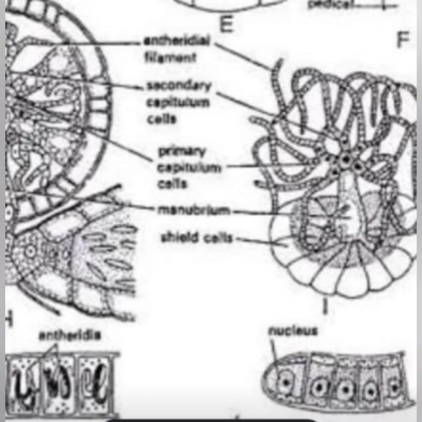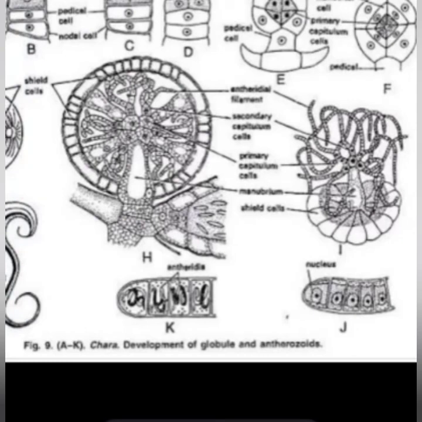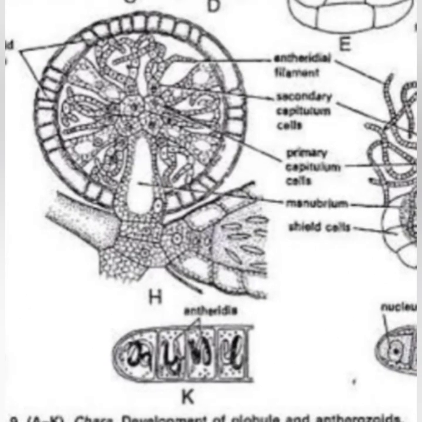Now in figure K, the cells of these antheridial filaments act as sperm mother cells. They function as sperm mother cells, and the protoplasm of these cells will develop into a single spirally coiled biflagellate antherozoid.